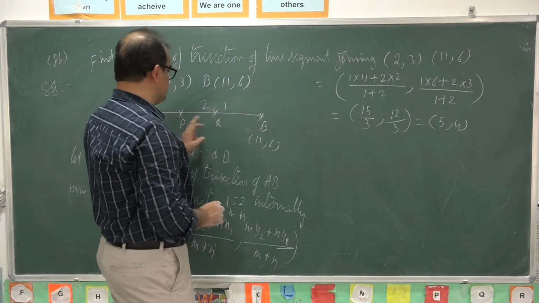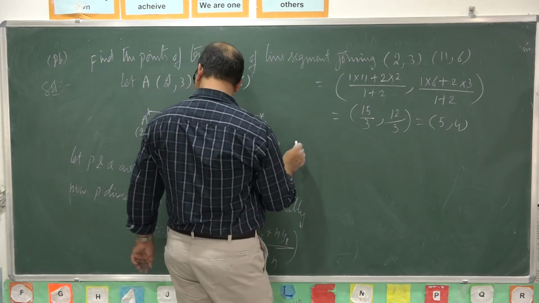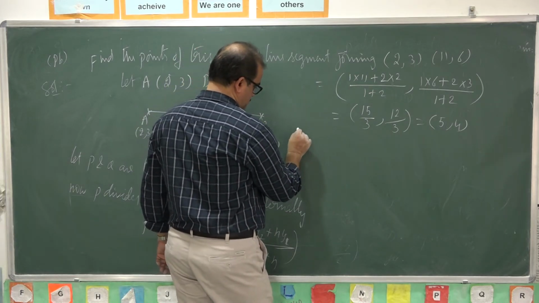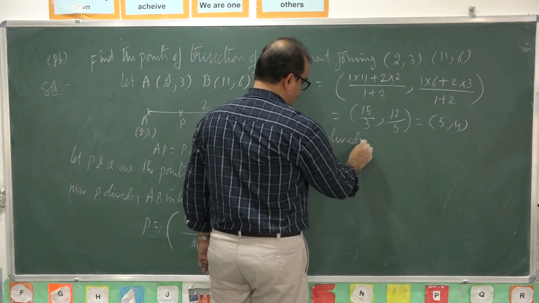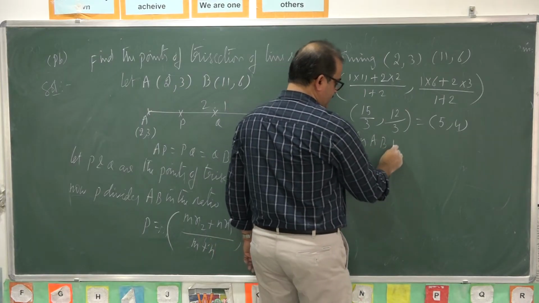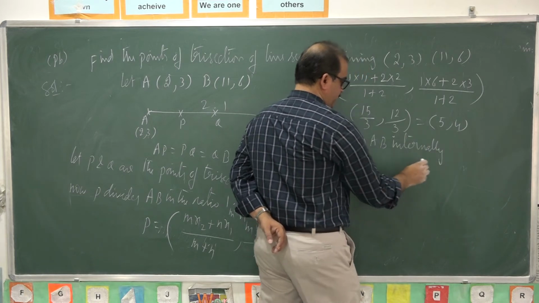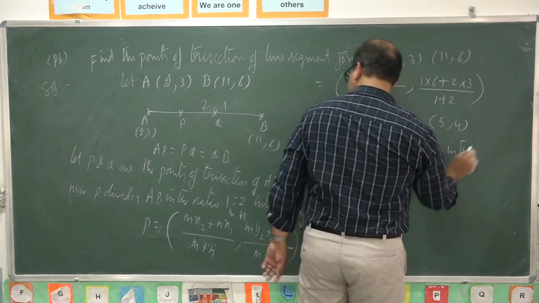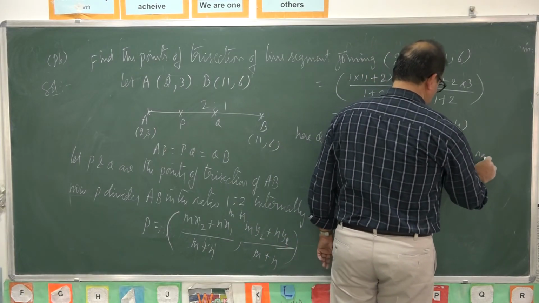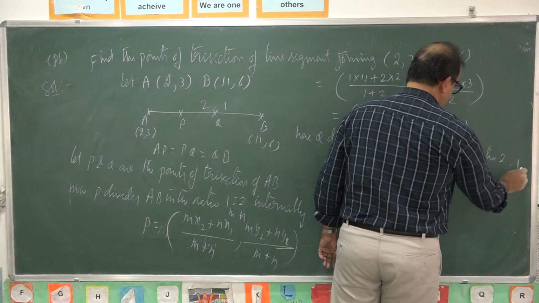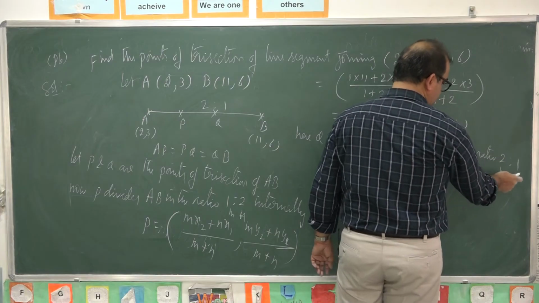So Q divides AB in the ratio 2:1 internally. Take m is equal to 2 and n is equal to 1.